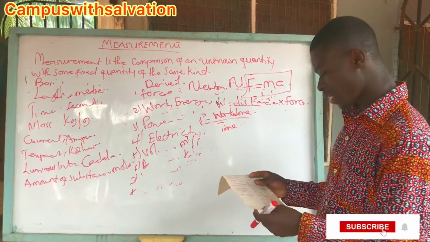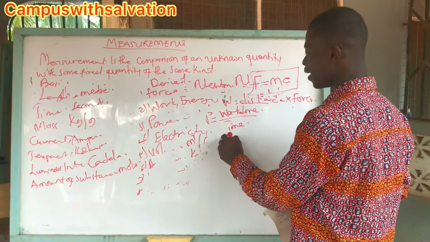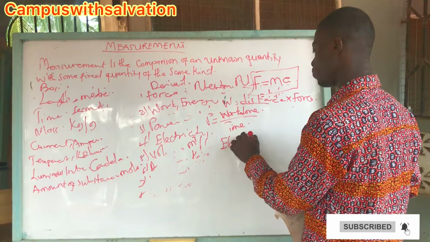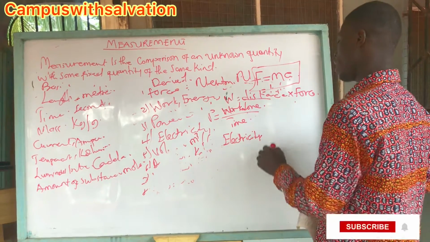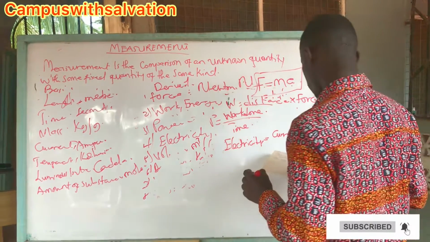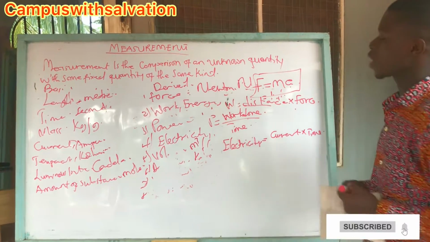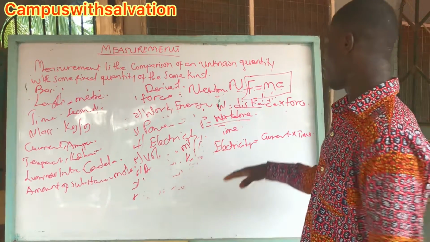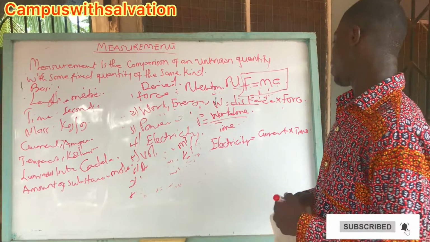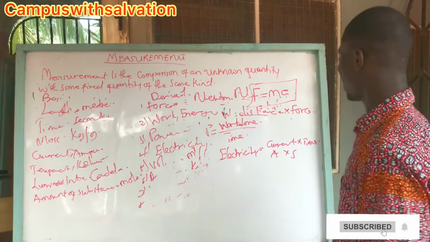Okay, so we have something like electricity, which is also measured in current. Electricity is equal to current times time. So we can calculate for electricity, but we need to know our current, which is measured in ampere, and time, which is measured in seconds.